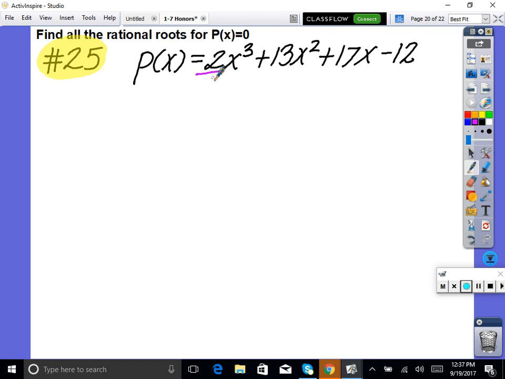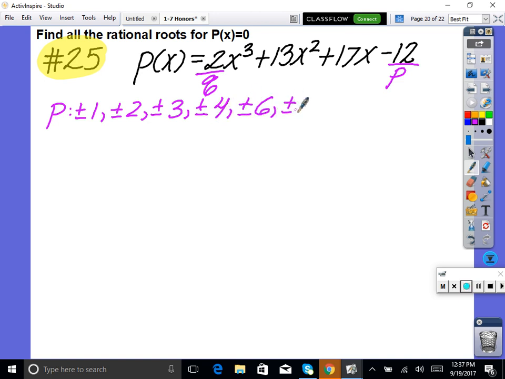So we'll do all of our possible P over Qs. Factors of 12. And I'm listing them out. This is going to have a little bit more.